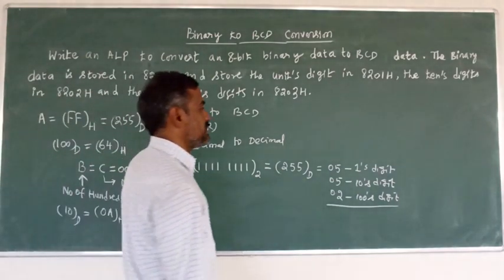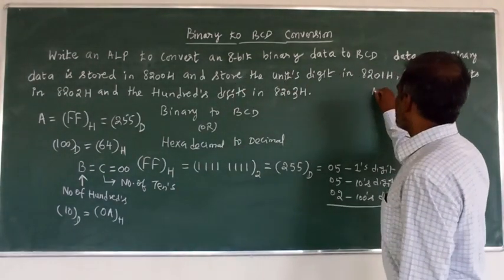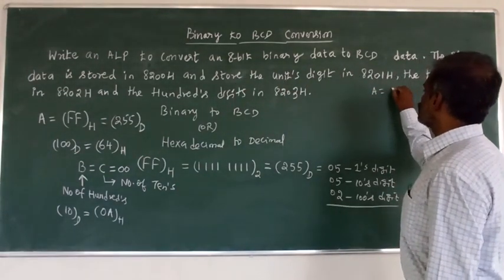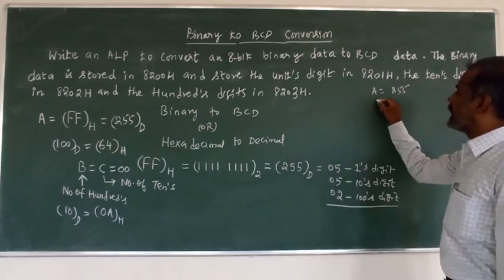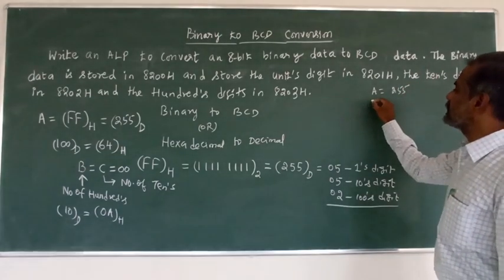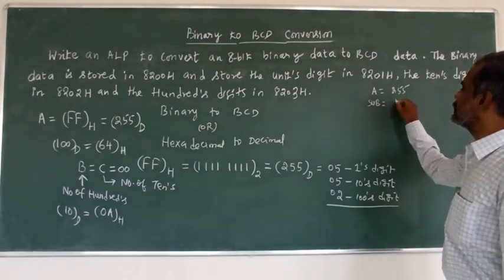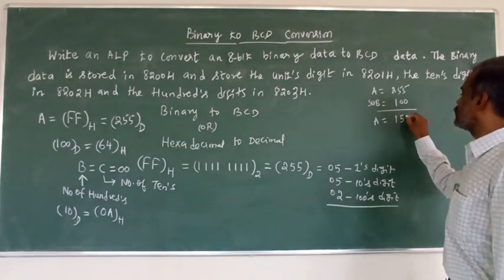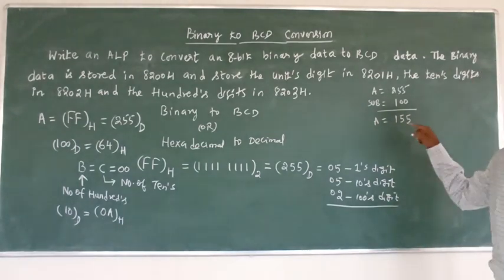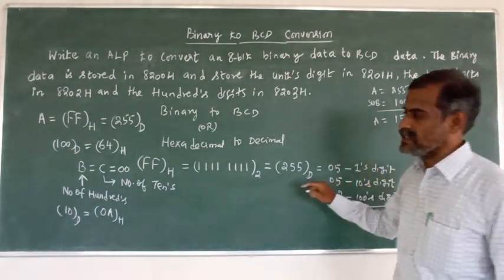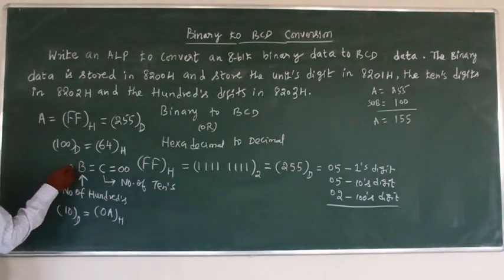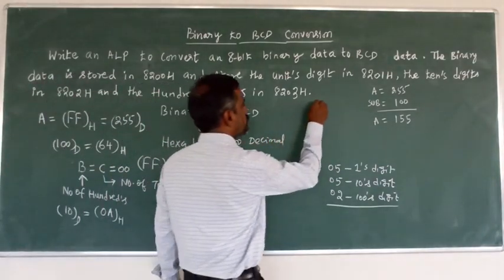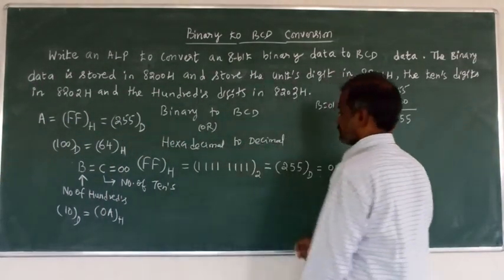Greater than 100 means we can subtract 100 from the accumulator data FF, that is 255. Now the result in the accumulator is 155. How many times subtracted? Once. Now increment the B register once. Now B equals 01.